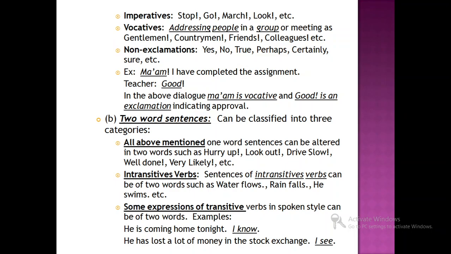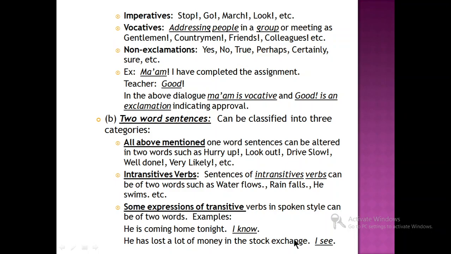आगे लेके चलते हैं some expressions of transitive. कुछ ऐसे expressions होते हैं जैसा कि मैंने अभी बोला, transitive verbs always carry, always demand, always need objects. हमेशा डिमांड करते हैं. लेकिन कुछ एक्सप्रेशंस ऐसे होते हैं जहां पर there isn't any need to have any object at the end even when the verb is transitive. Is that clear? So some expressions of transitive, like for an example, he is coming home tonight.